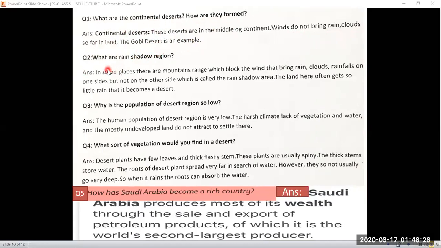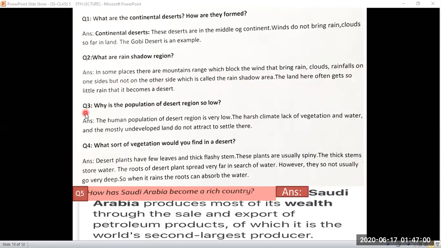Question number 2. What are rain shadow regions? So its answer is given here. In some places there are mountain ranges which block the winds that bring rain clouds. Rainfall occurs on one side, but on the other side, which is called the rain shadow area, the land often gets so little rain that it becomes a desert.